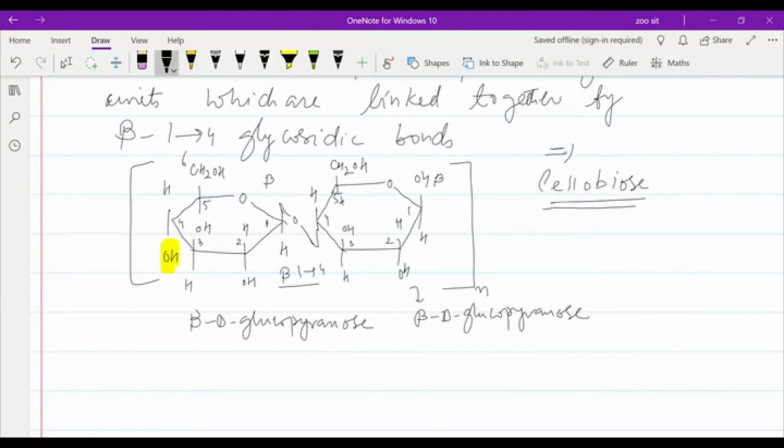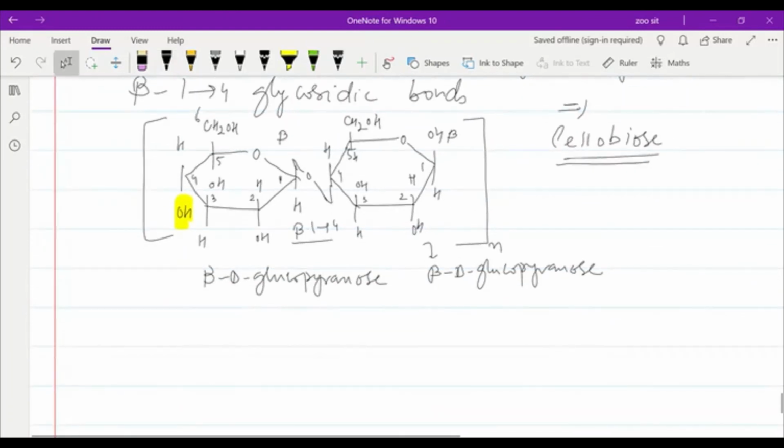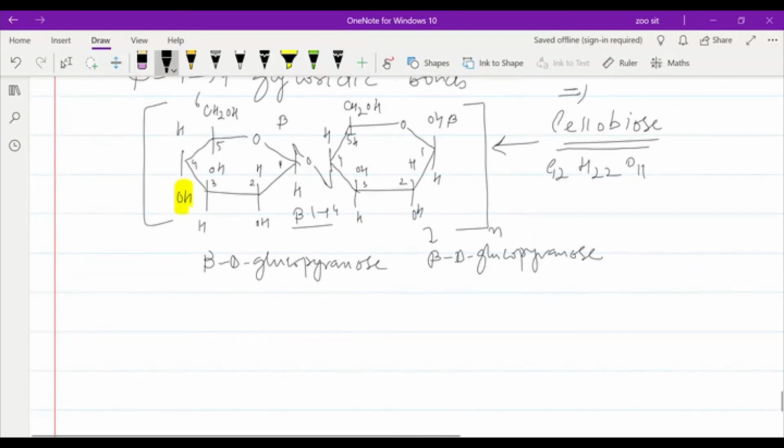It is a disaccharide of cellulose origin with the formula C12H22O11, and n times this structure is called cellulose.